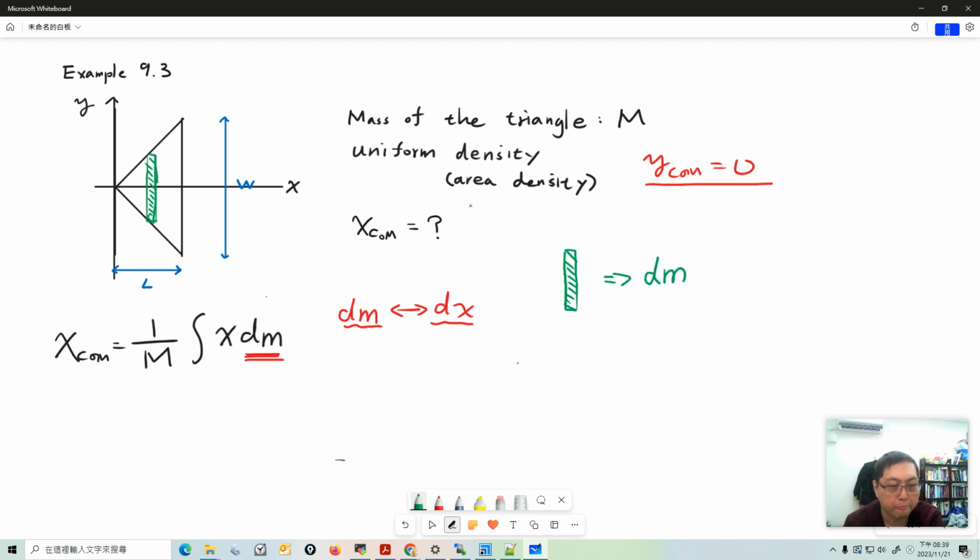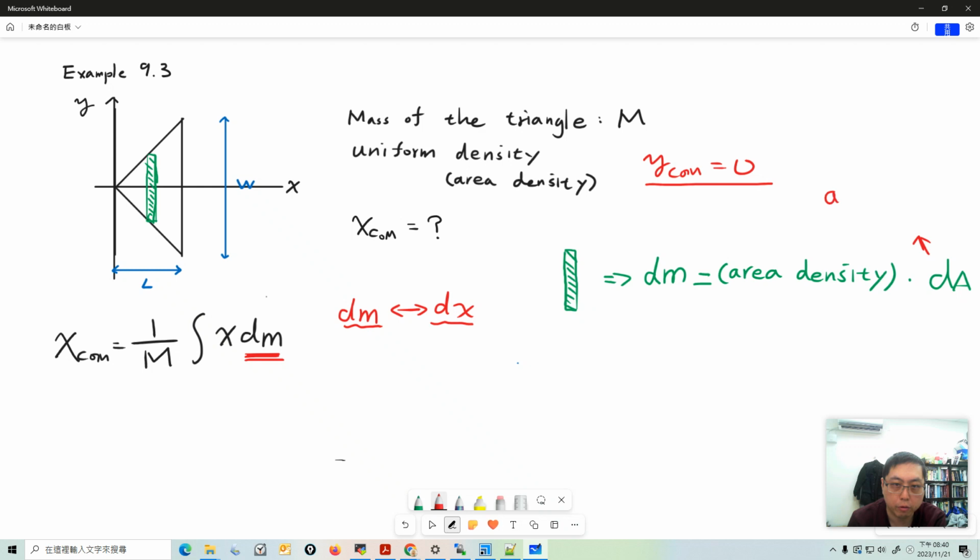The mass of this small slice, dm, is equal to the area density times the tiny area dA of this small rectangle.